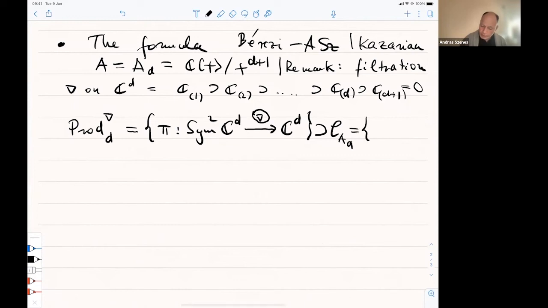This is just those products pi which induce an algebra structure on C^D, with which C^D becomes isomorphic to AD reduced, AD bar, since I eliminated the constant term.